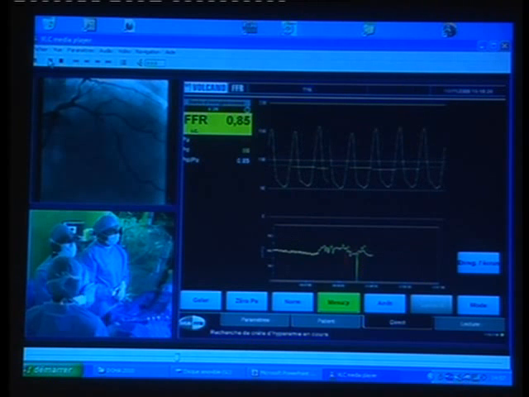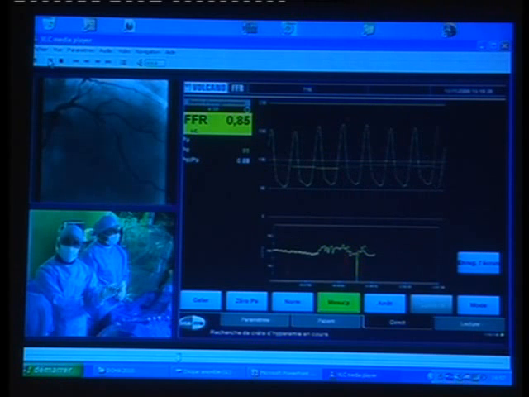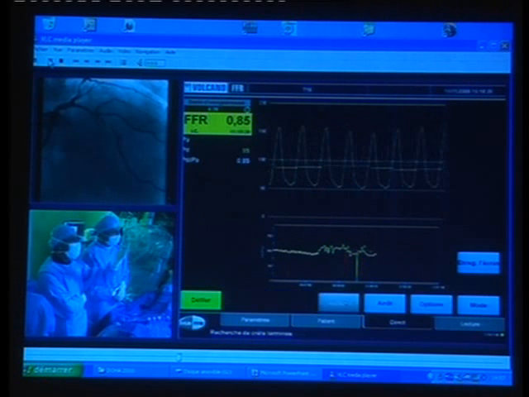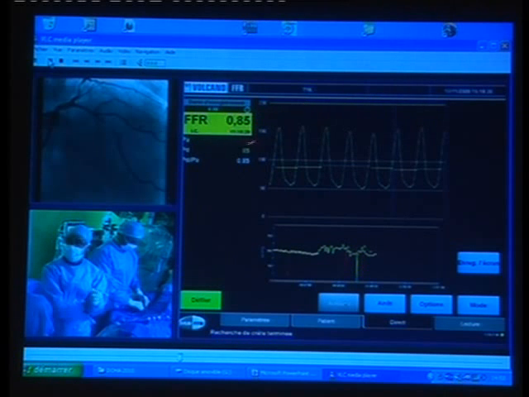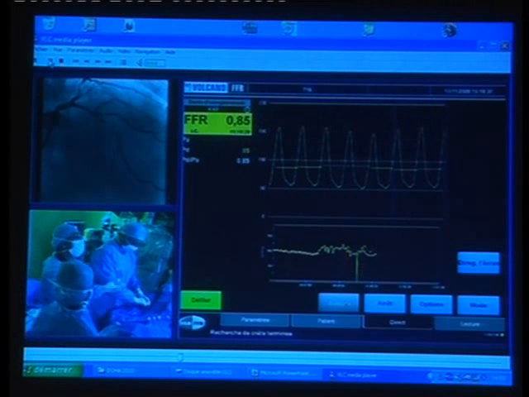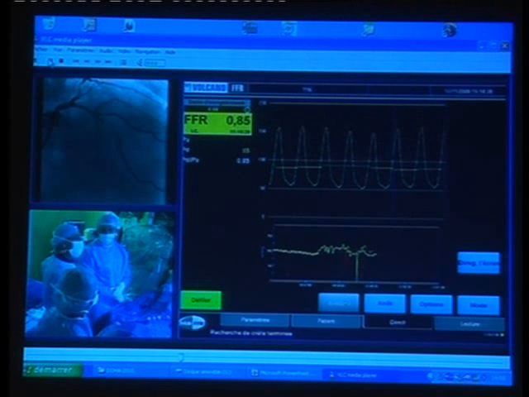And secondly, if you have serial lesions or a diffuse vessel and you would like to do a pullback, that's the other reason to use the infusion. But in this situation, it's perfect. And the lovely thing is the consistency of the result. We've got bang on 0.85 twice, which to me says leave well alone.